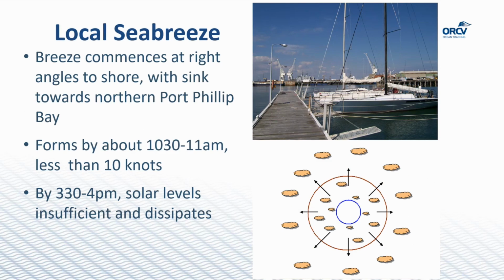Now, the mechanism of the sea breeze is as we had before. The only thing I haven't told you yet is that the sea breeze always tends to come into the shore at right angles to the shore. But everything is dependent on temperature differences.